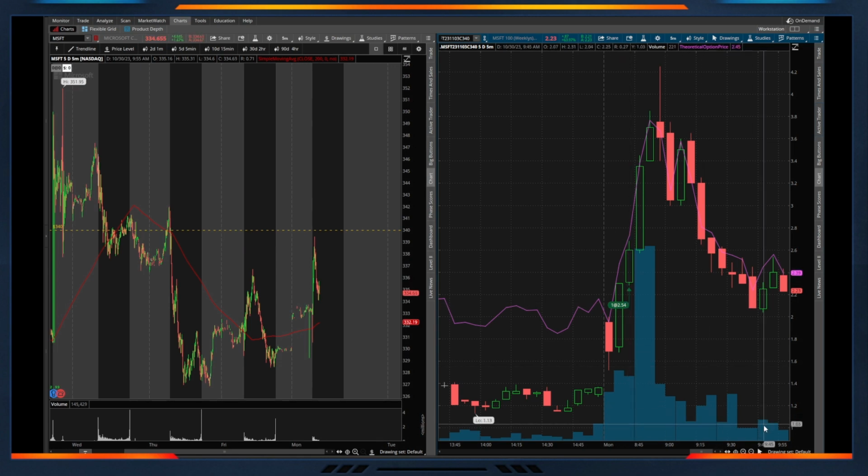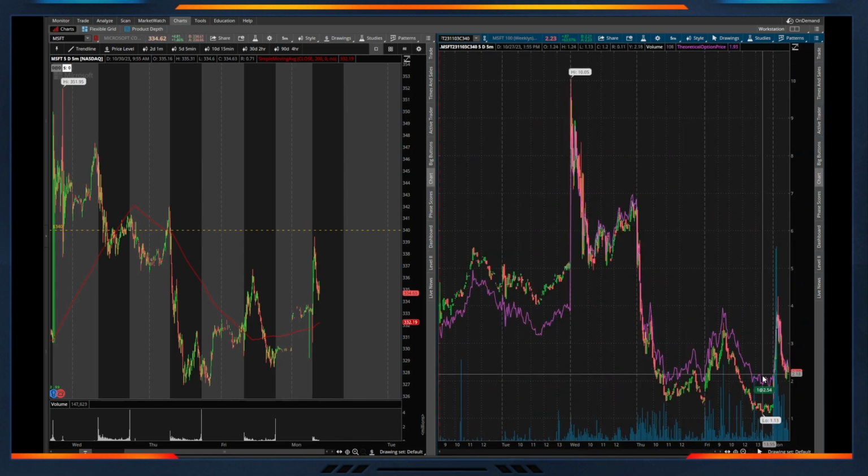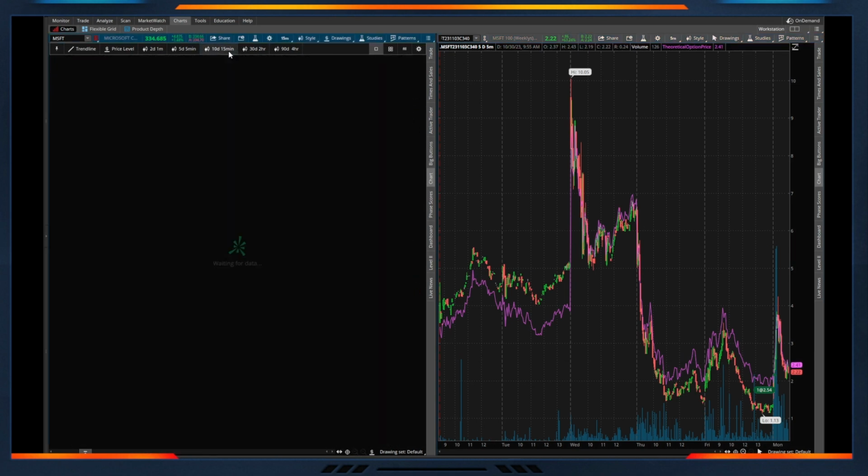Another really nice part about this is if we zoom out of the contract, right, the contract was purchased right in the mid twos, but we'll notice last week, right, when Microsoft made that really big move up to 351, this contract actually went all the way up to $10. So essentially I can almost 4x my money on this contract if that exact same move does happen again, which happens to be really what we're playing here.